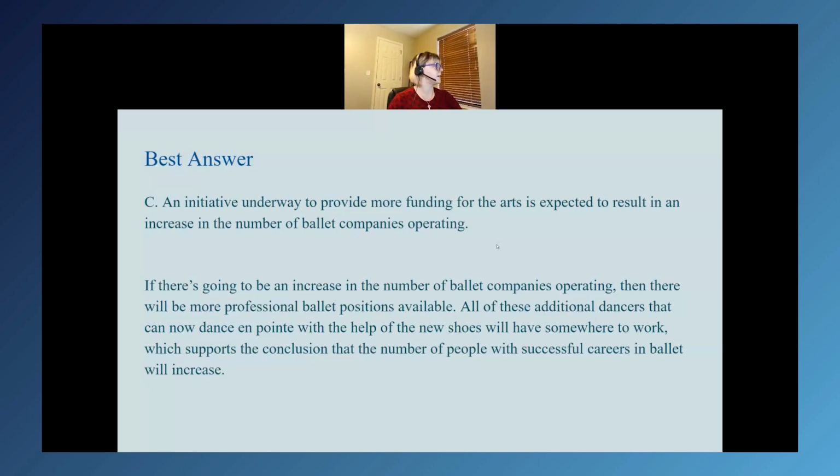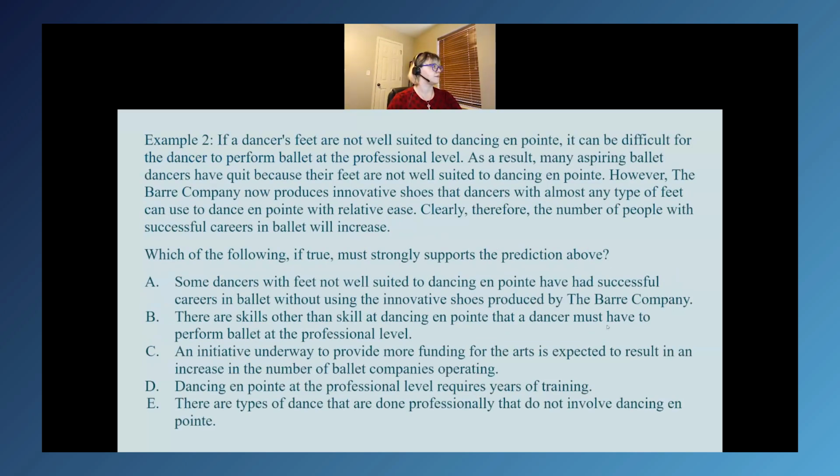Why is it not B? So we're trying to strengthen the argument. I think B is just kind of off topic, but if you feel like it's on topic, then it would only lean towards weakening the argument because it's saying there's other skills that a dancer might require to perform ballet at the professional level that maybe the shoes won't fix.